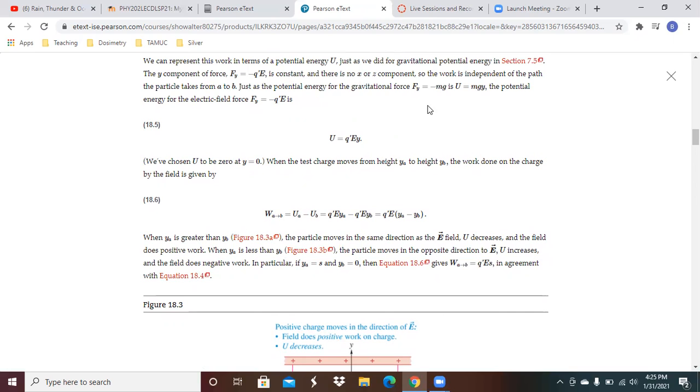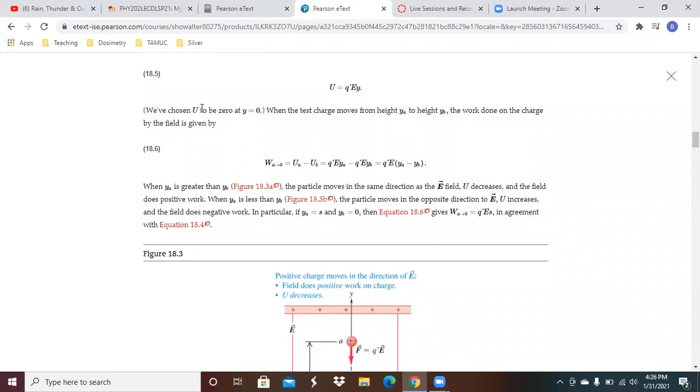So just as the force due to gravity is minus mg, and the potential energy is mgy, the potential energy for the electric field is going to be represented in much the same fashion.